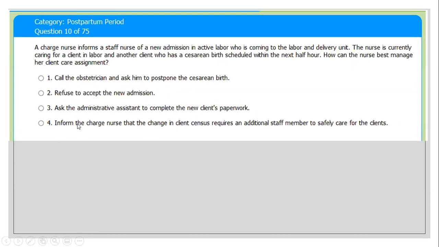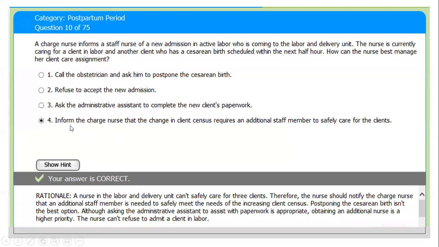Number four, inform the charge nurse that the change in client census requires additional staff members to safely care for the clients. The correct answer said number four.